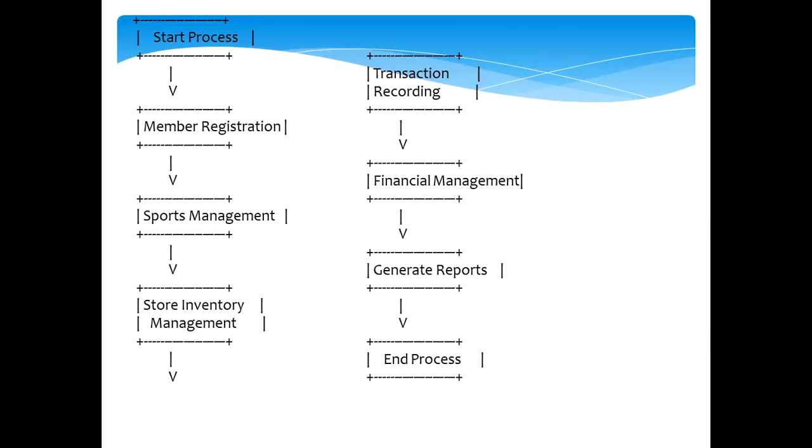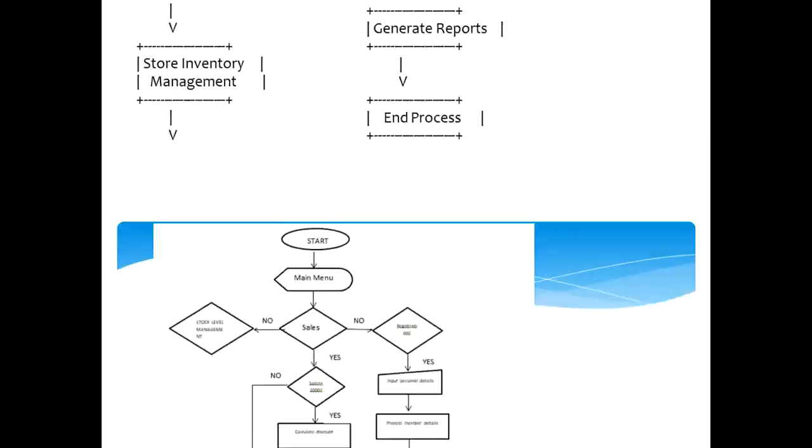So it is start, then you do member registration. Once you do member registration, you go for sport management, then store inventory management, followed by transaction recording, financial management, then generation of reports, and then the flowchart ends. So this is just a summary of what is going on.